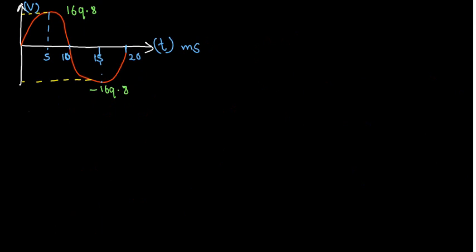So let's take this. The first question is, what is the amplitude for this sinusoidal waveform? We know that the amplitude is the maximum, from 0 to the highest point, so 169.8 volts. The second one is the peak to peak value.